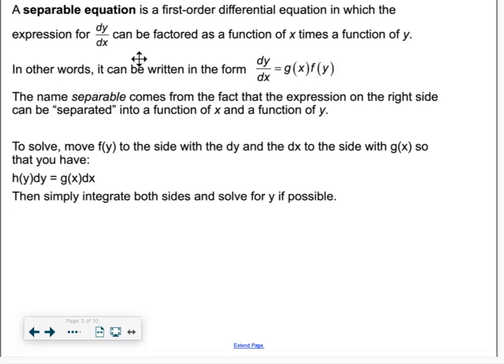Now, one or both of those could just be a constant. That's okay. You don't have to actually have the letter x and the letter y. You just need to be able to have it be some function of x's times some function of y's.